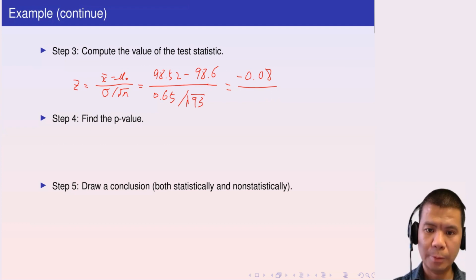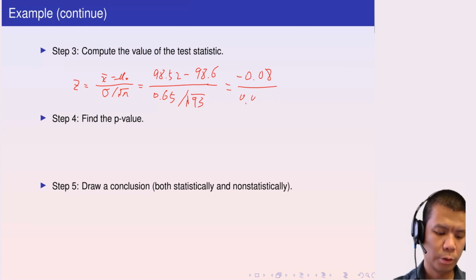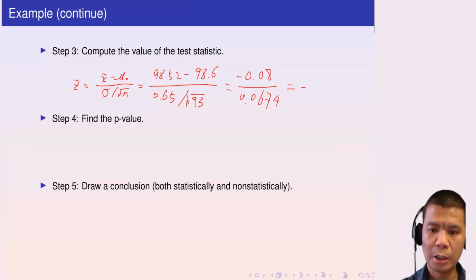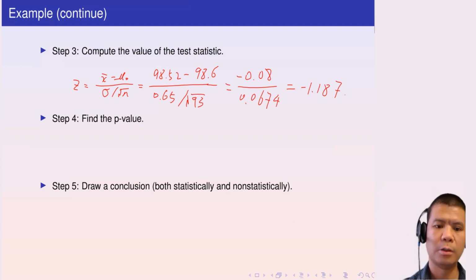So this is 0.0674. So it's going to be negative 0.08 over 0.0674, and I got negative 1.187. Okay, so that's good.